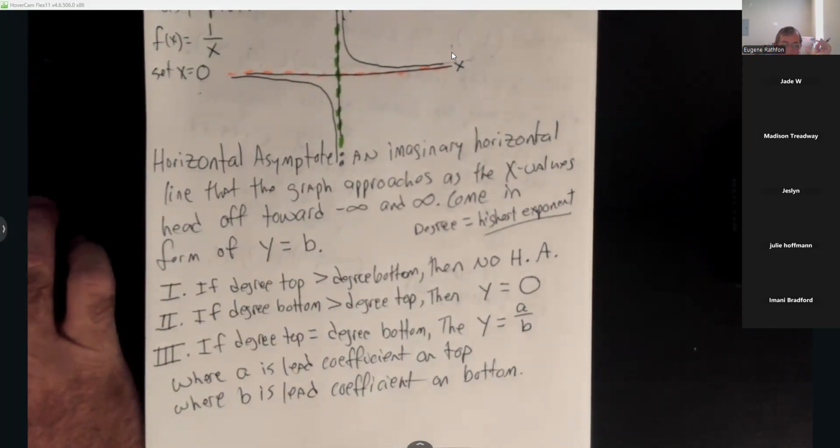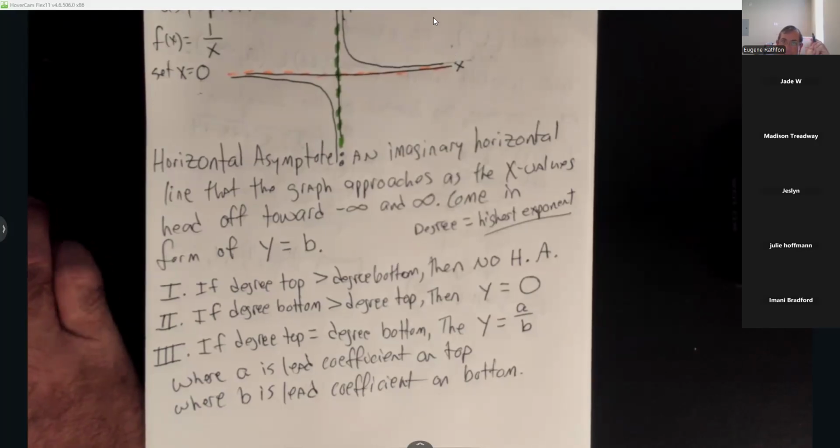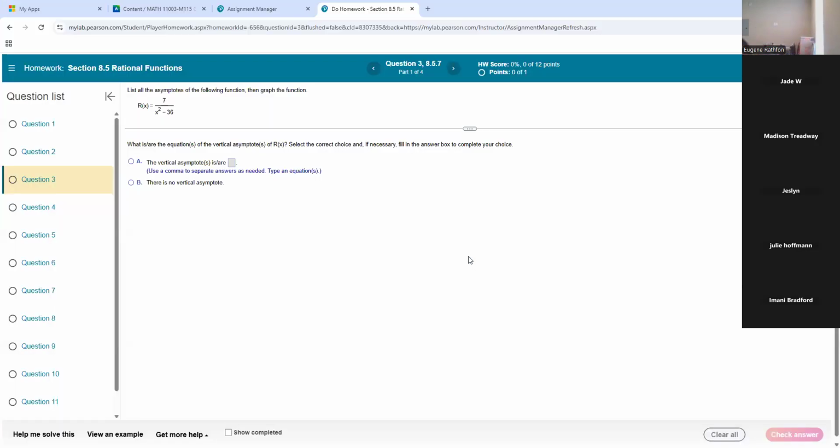So let me go to MathLab and show you what kind of examples these are going to be. So y'all, I'm going to share that real quick with you. Hey, y'all, so let me write this down real quick.